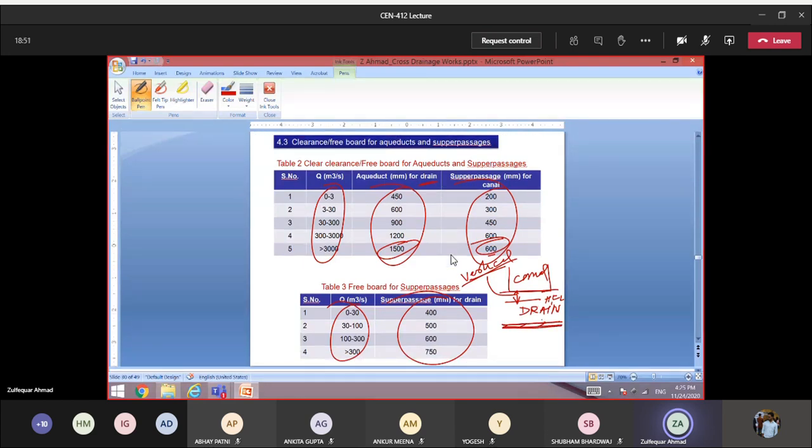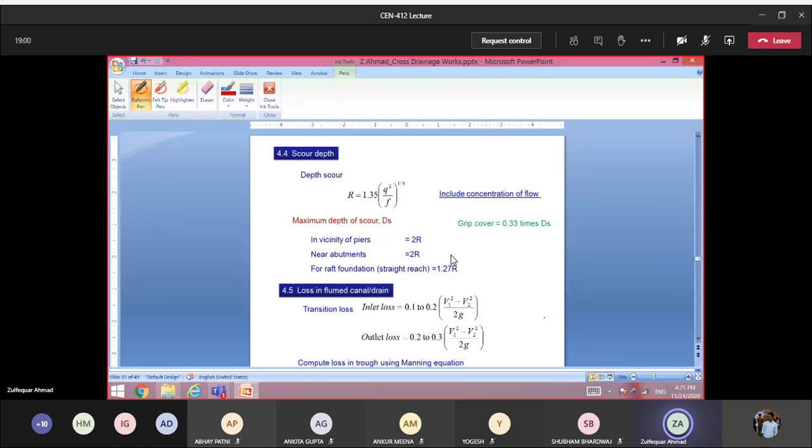In this concrete floor, the cutoffs are being provided in the upstream and the downstream.